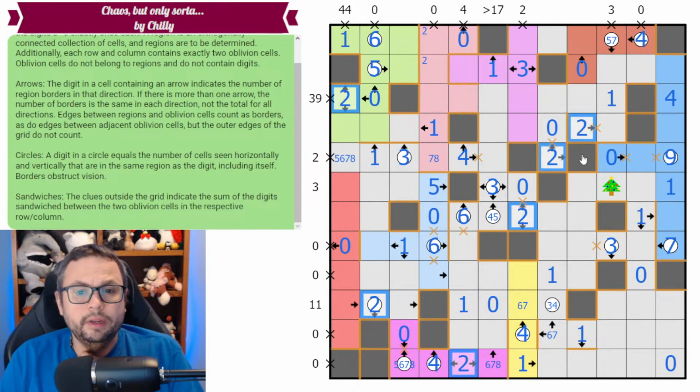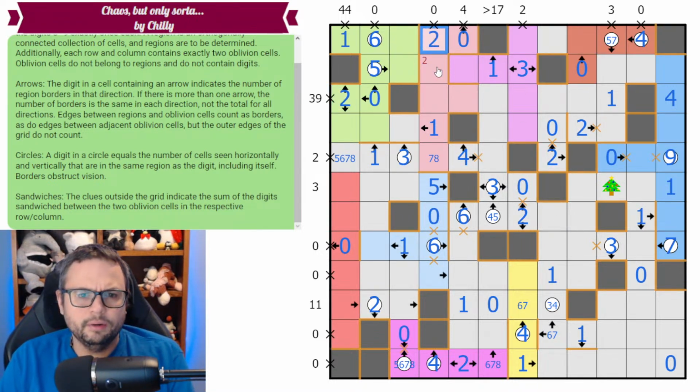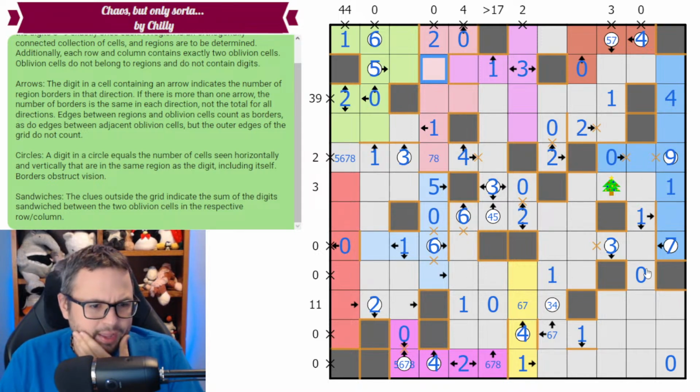Oh, where is 2 in row 1? I don't know. Oh, maybe actually I do know that none of those are 2s, and I know that that's not a 2. I actually do know that 2 in row 1 is there, weirdly enough.